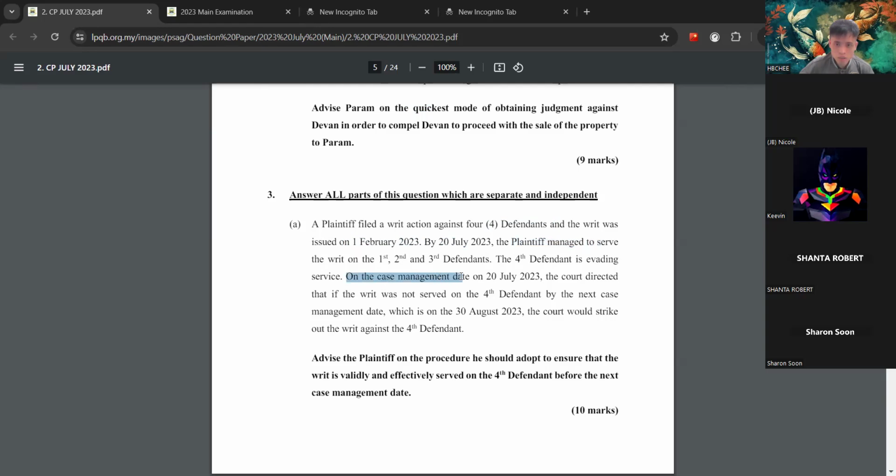On the case management date on 20th of July, the court directed that if the writ was not served on the fourth defendant by the next CM date, which is on 30th August 2023, the court will strike out the writ against the fourth defendant. So now the issue is to advise the plaintiff on the procedure that he should adopt to ensure that the writ is validly and effectively served on the fourth defendant before the next CM date.